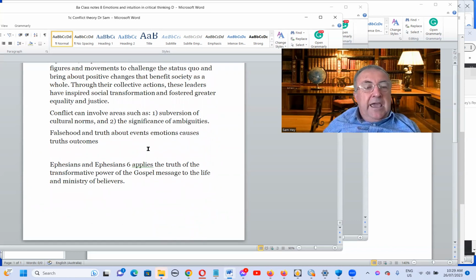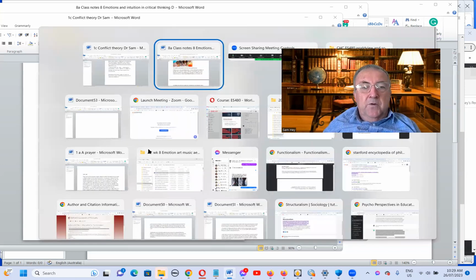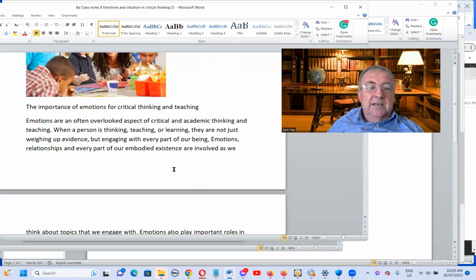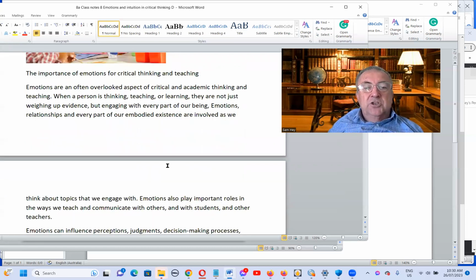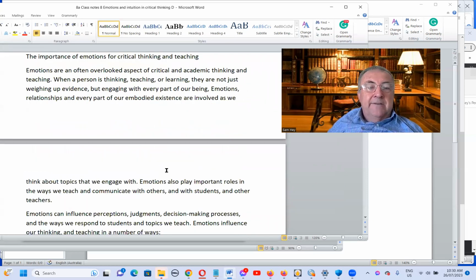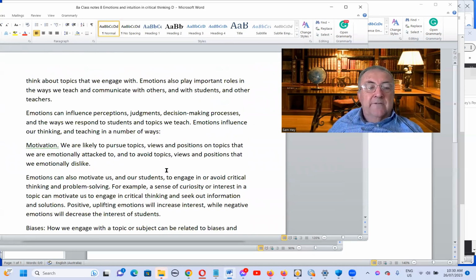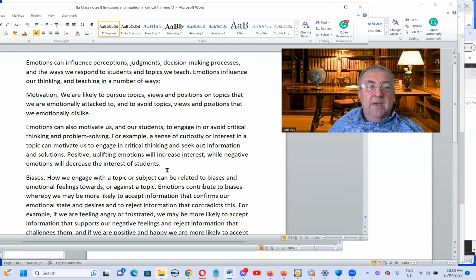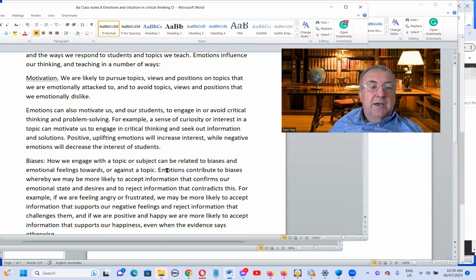All of these areas can be better informed by a greater understanding of conflict, and also by a greater understanding of emotions. Emotions are often overlooked as an aspect of critical thinking, overlooked as an aspect of effective teaching. Emotions influence perceptions and judgments and decision-making, and they influence motivation.